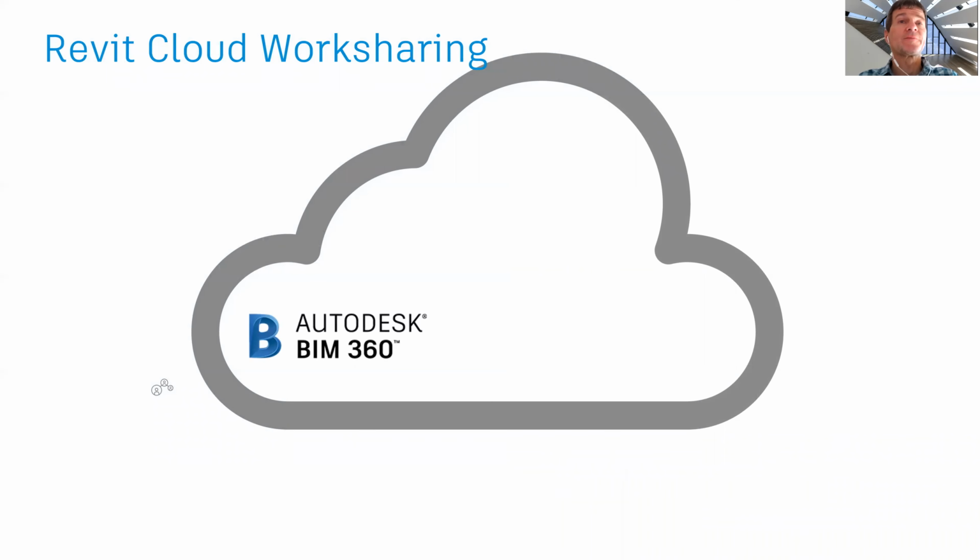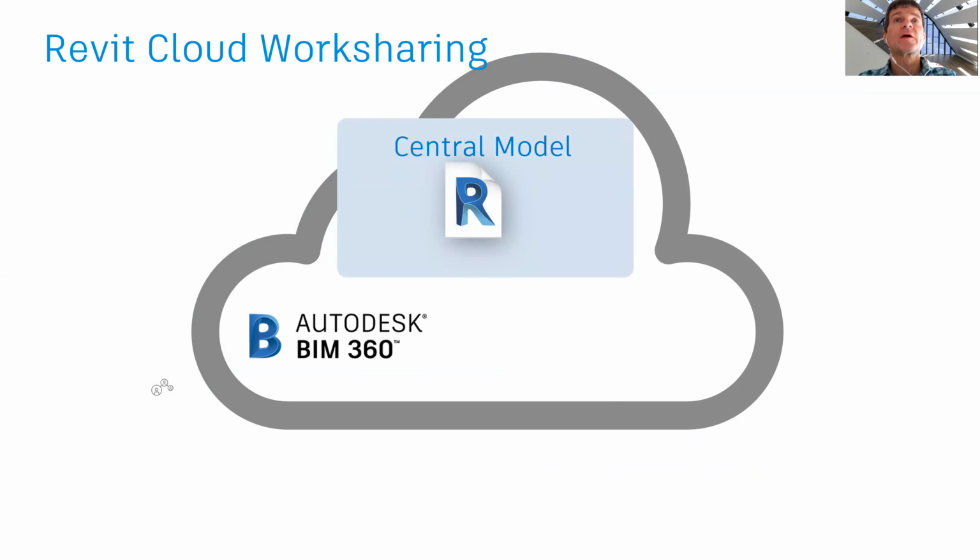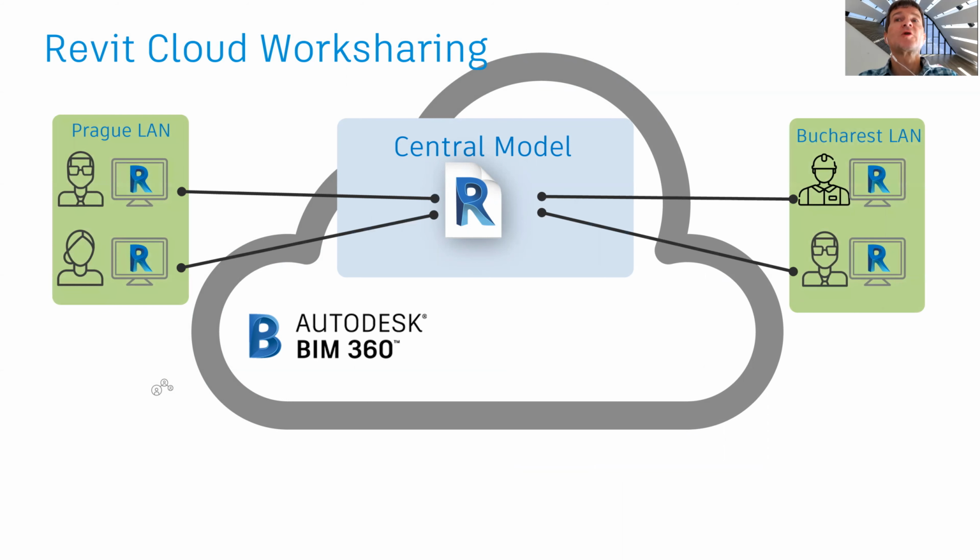So how does it work? In the cloud, let's imagine that you have a central model. Maybe two teams sitting in very different cities in two different countries have the access. These are the guys who are working as, for example, architects, and they are working on the central model with work sets.